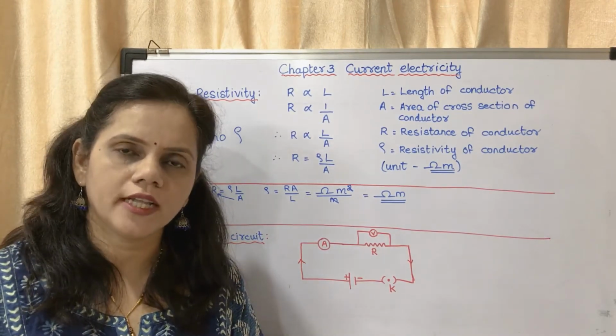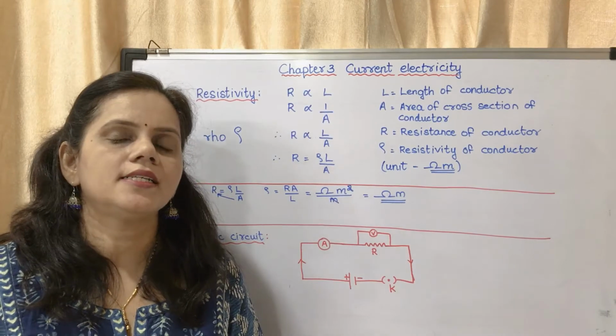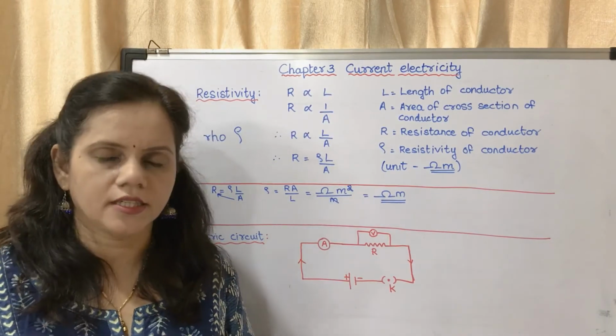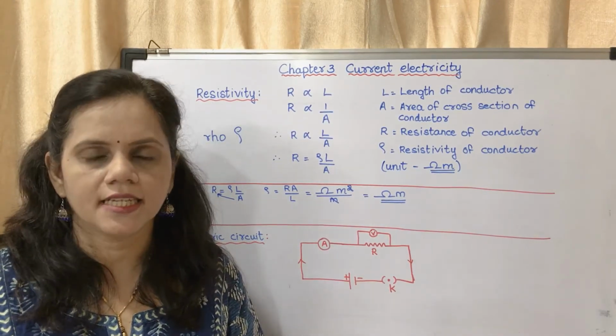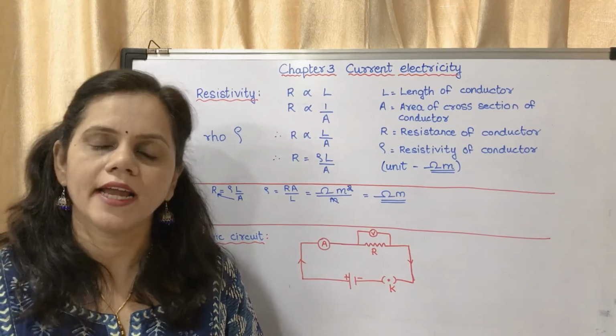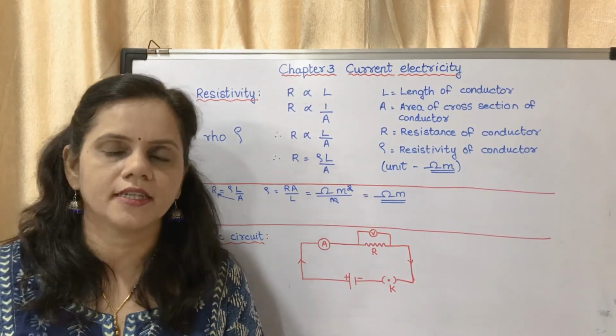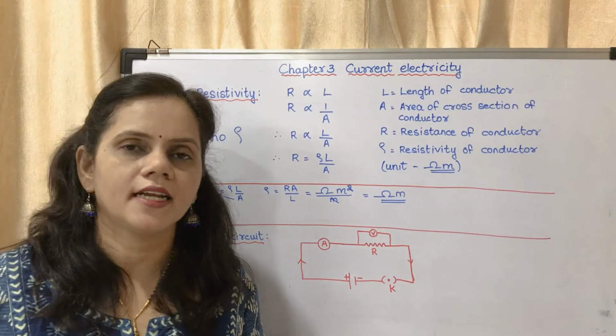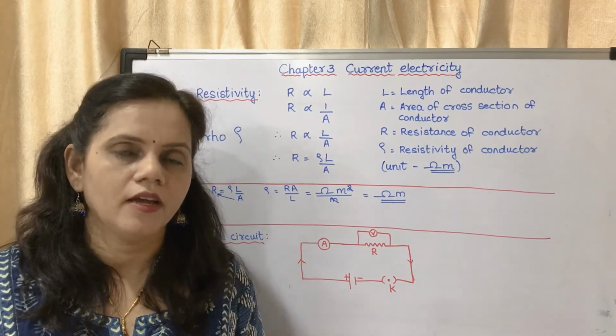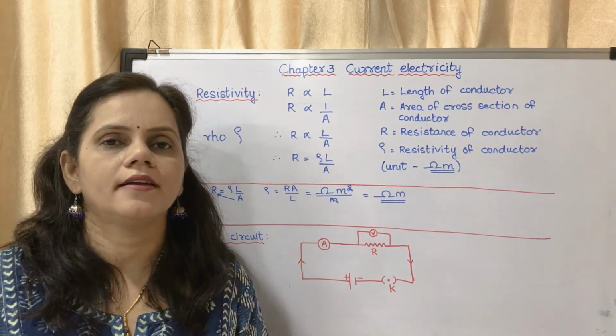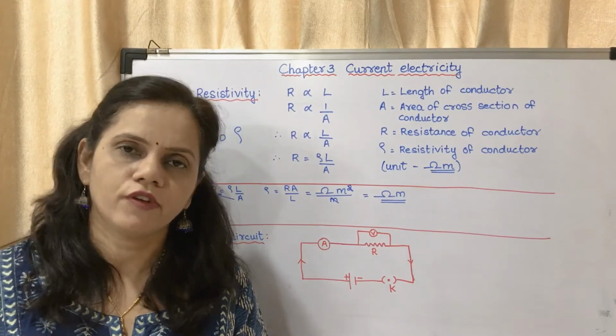Now we may move on to the next topic, that is electric circuit. We know what is an electric circuit. We had studied in our 8th standard also, isn't it? So what is an electric circuit? Electric circuit is a pathway through which a current flows.